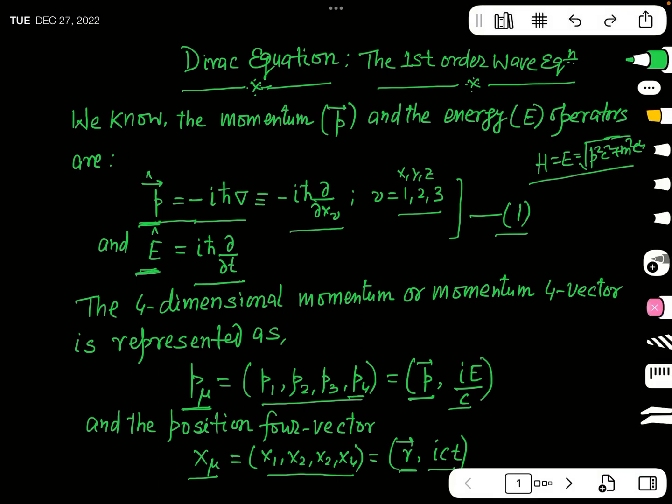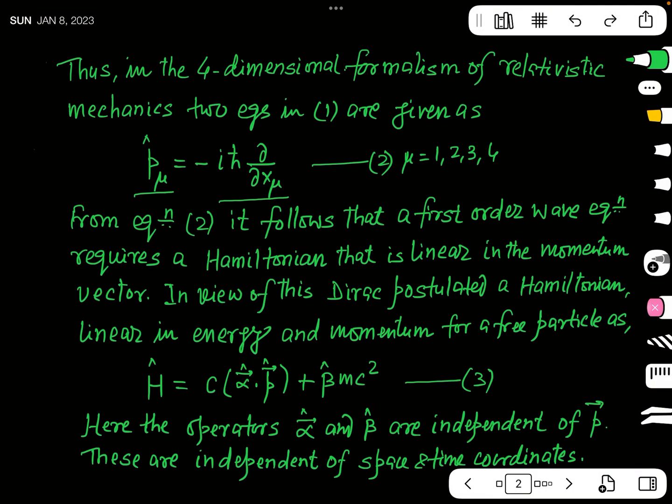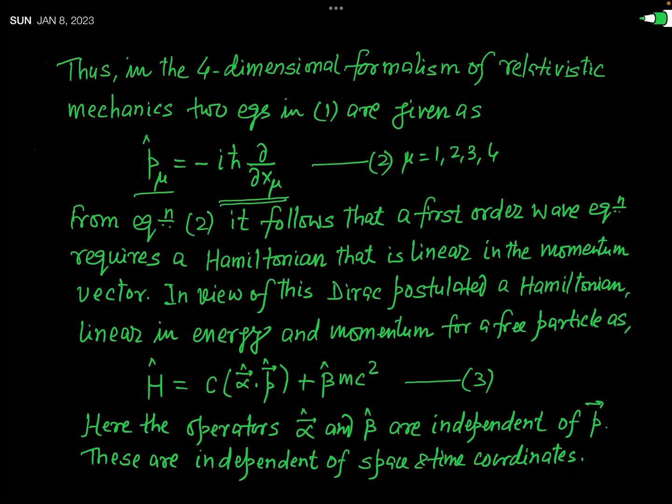So I have told you that these 2 operator equations may be cast into a single equation by this equation number 2. Now it is clear from this equation that a first order wave equation requires a Hamiltonian that is linear in momentum vector.